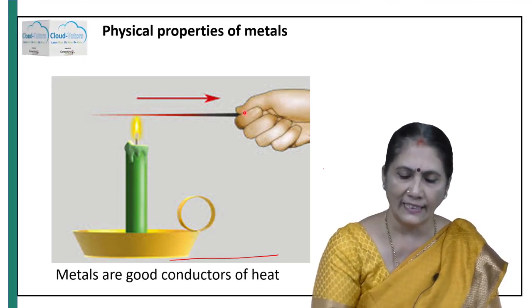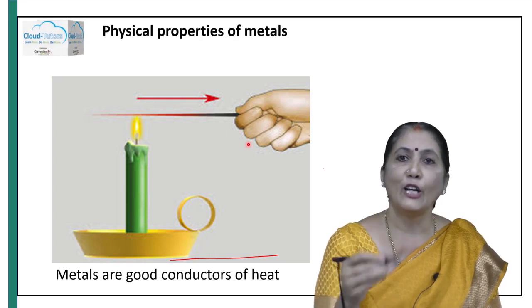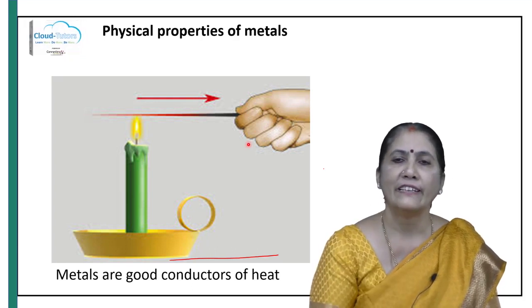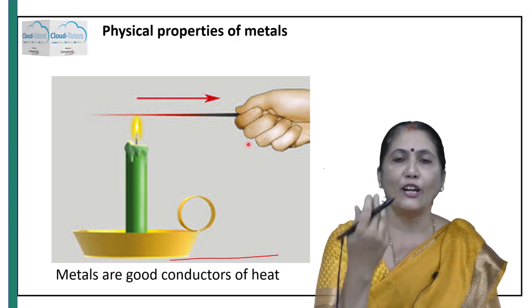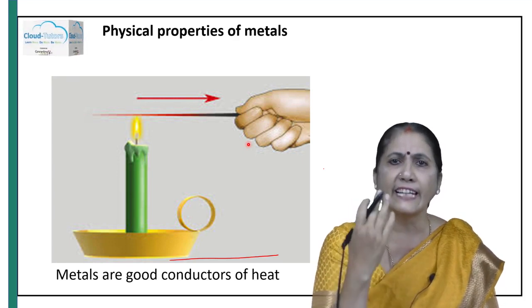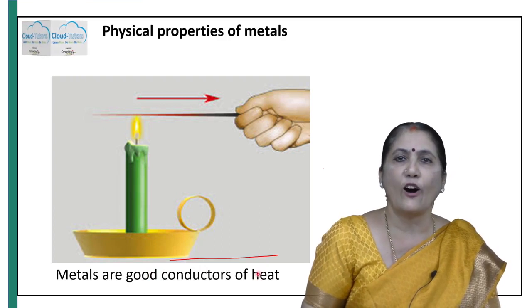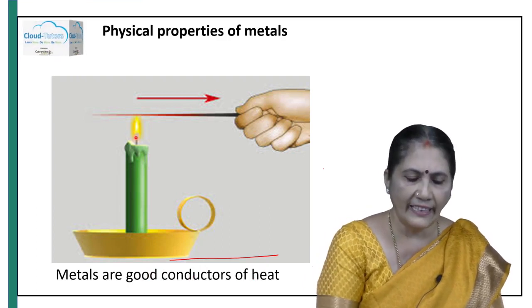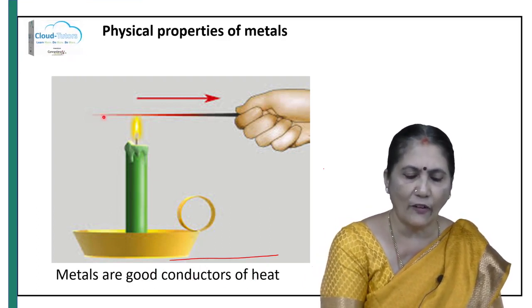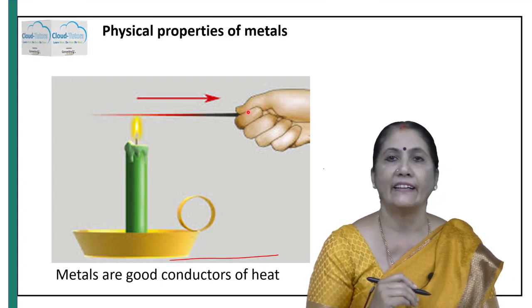After a few minutes, this person will not be able to hold this metallic rod any longer. It is just because metals are good conductors of heat. Heat is getting transferred from one end to the other end.